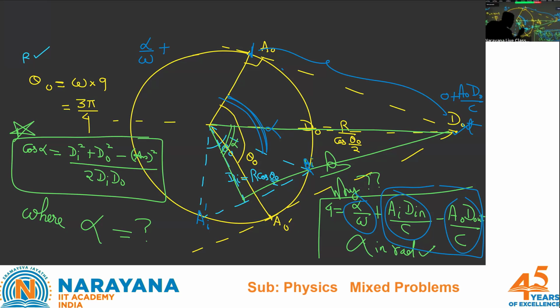And that time is AI D in divided by C. So the time of receival of max frequency of inner guy is this. And the time of receival of max frequency for outer guy is this. And their time difference is. That's why I said this minus this should be equal to 4.